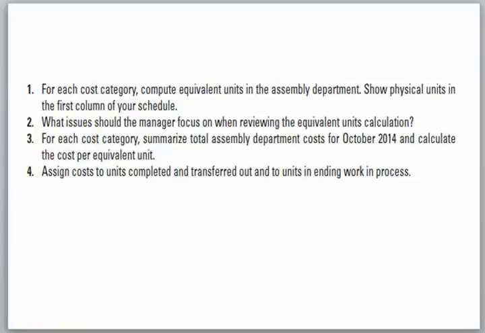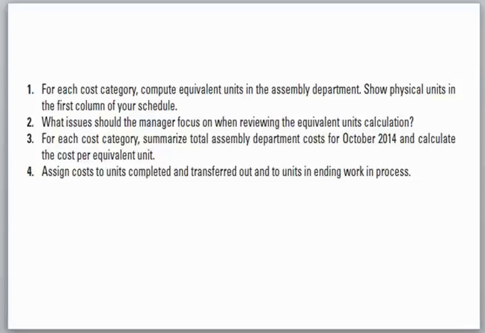Here he asks: Number 1, for each cost category, compute the equivalent units in the assembly department. Show physical units in the first column of your schedule. Number 2, what issues should the manager focus on when reviewing the equivalent units calculation?